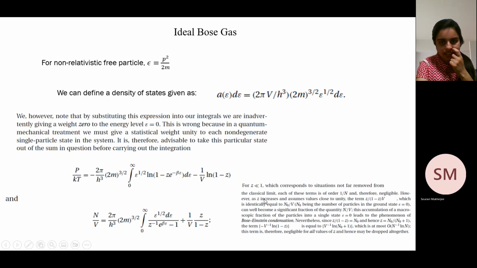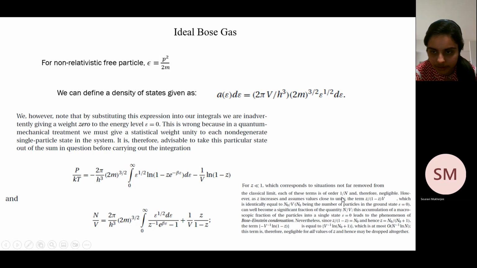However, as Z increases and assumes values close to unity, this Z by (1 minus Z) into 1 by V, which is equal to n naught by V, n naught being the number of particles in the ground state, can become a significant fraction of the quantity N by V. So when Z goes close to 1, you can't ignore this term. This term becomes very significant in those cases.